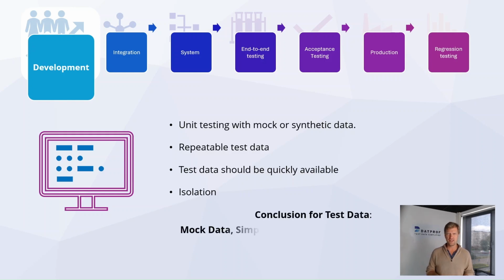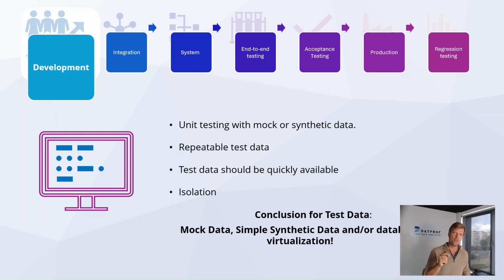In terms of test data, the needs during these tests are often still quite simple at this stage. The tests are so specific and isolated that you can easily get by with simple synthetic test data or mocked data. If you think back to my original example that I also used when I started this presentation, such a simple table could already support a unit test, especially if you're not touching many tables at once.